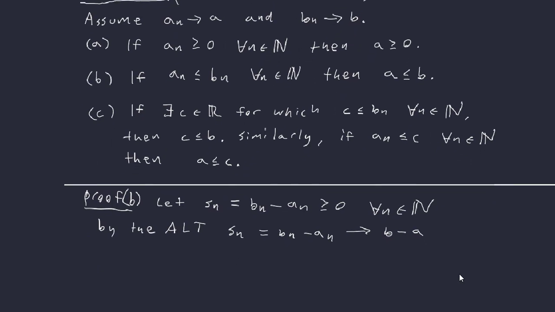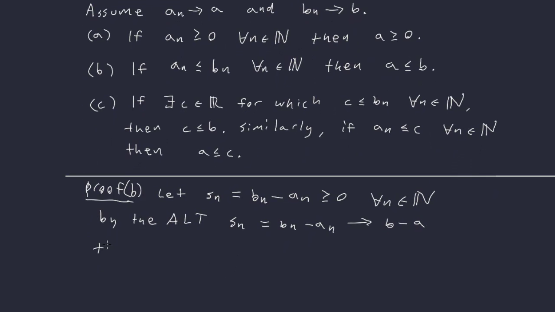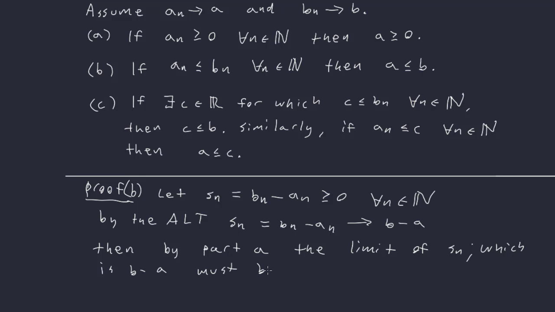Then, all right, by part A, the limit of Sn, which is B minus A, must be greater than or equal to 0.